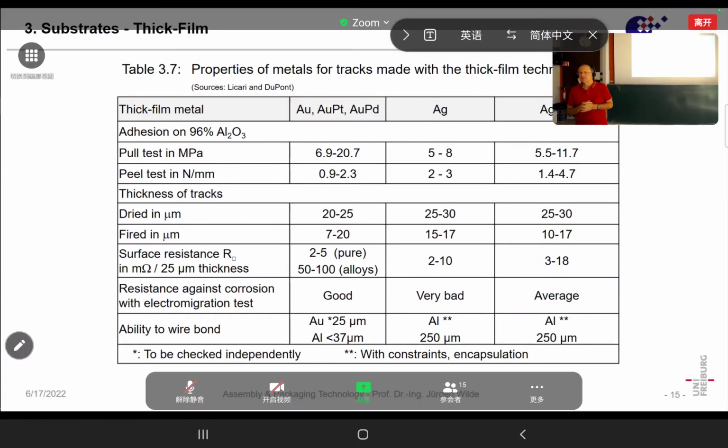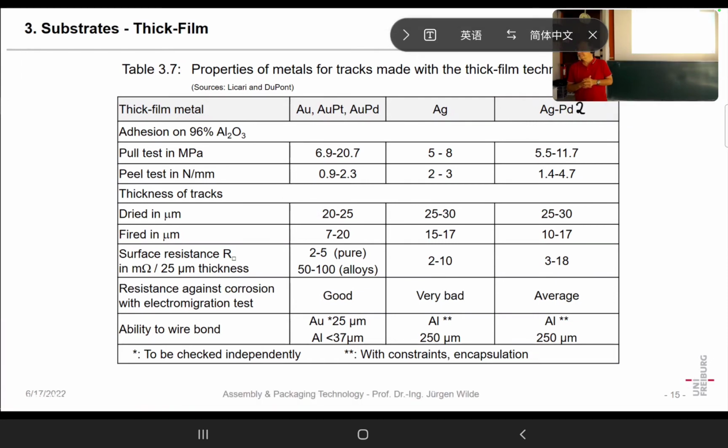What are the relevant properties for a conductor? Yes, let's say better resistivity.